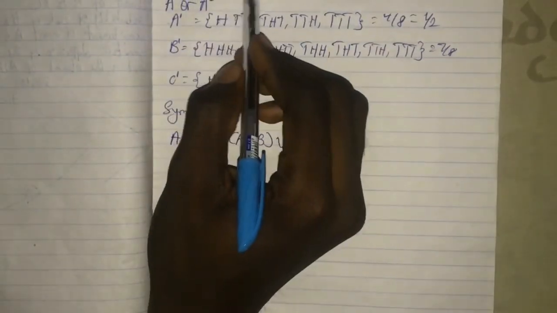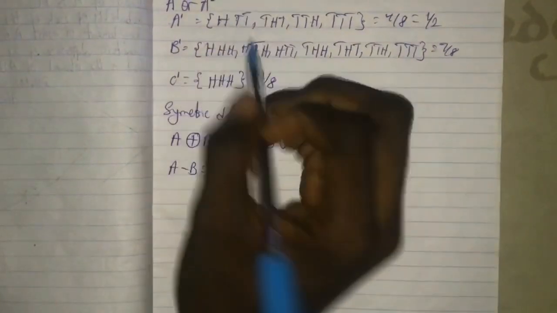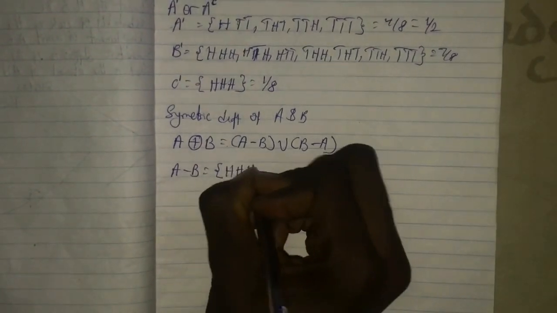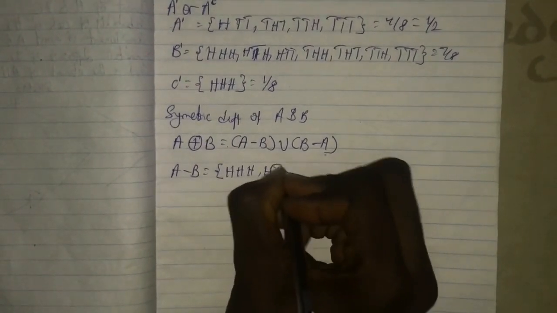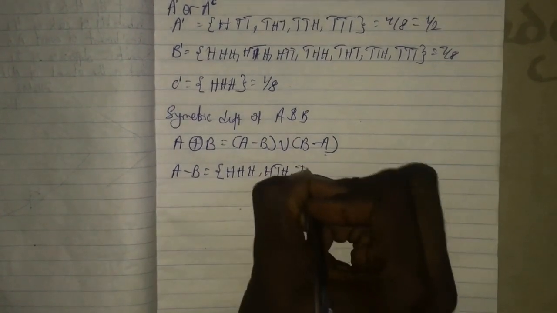Once you take HHT, you are left with HHH, HTH and THH.